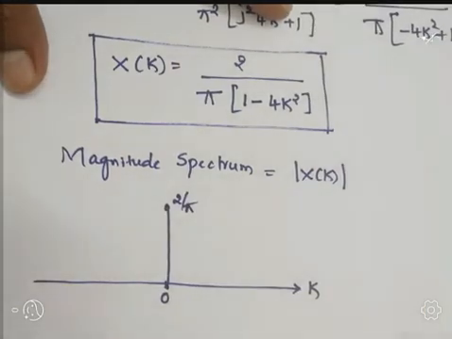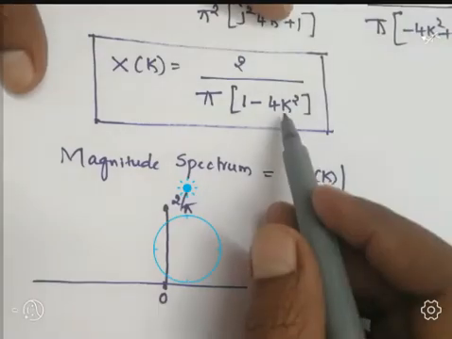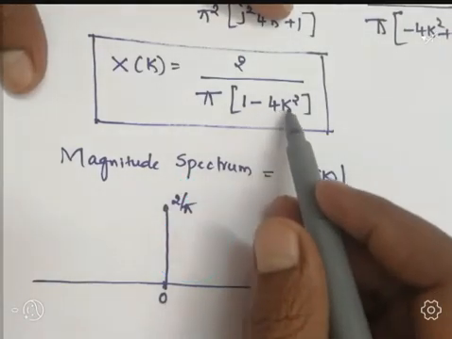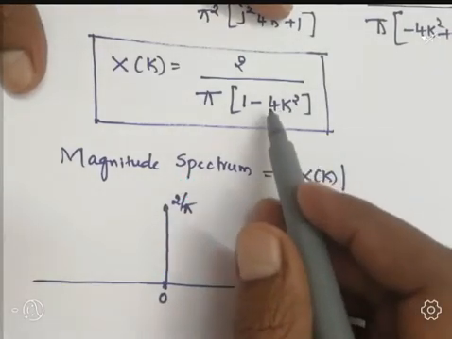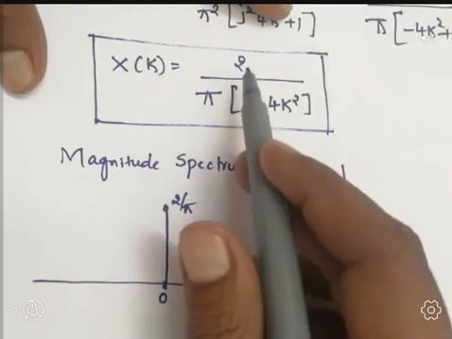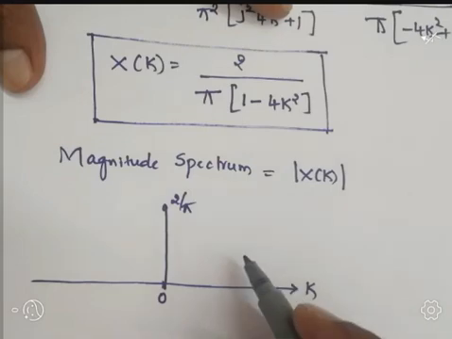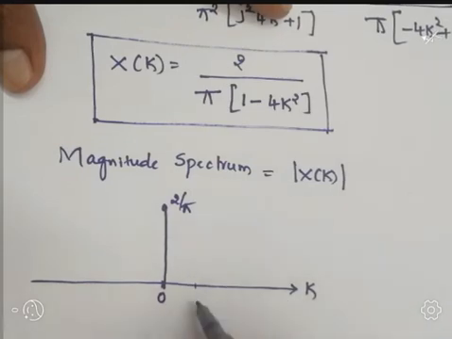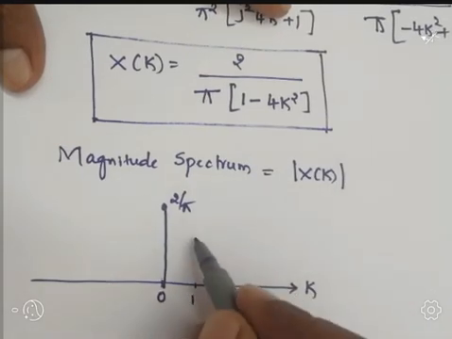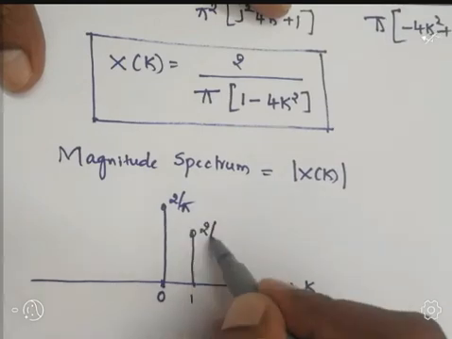Fine. Next, if I substitute k equal to 1, k square is 1 square. 1 minus 4 is nothing but minus 3. Minus 3 means 2 divided by minus 3 pi. But we have to take the mod, correct? Because of that reason we can write 2 divided by 3 pi.